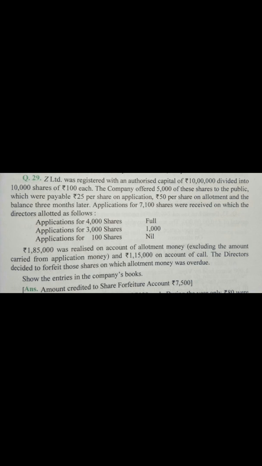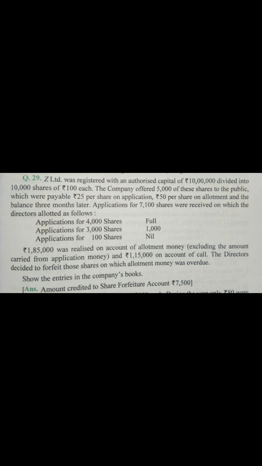So rupees 1,85,000 were realized on account of allotment money, excluding the amount carried from application money, and 1,15,000 on account of call. The directors decided to forfeit those shares on which allotment money was overdue.